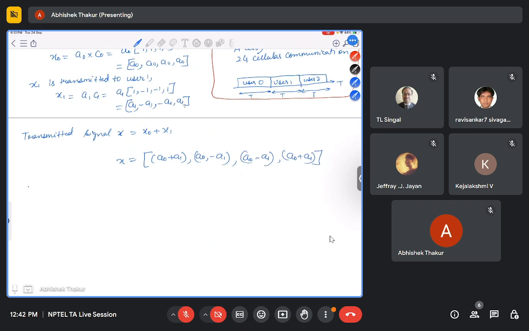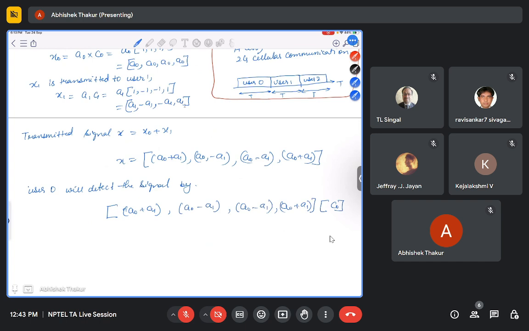So the user 0 will detect the signal by, let's suppose, a naught plus a1, and this will be multiplied with the code of user 0, that is c0.